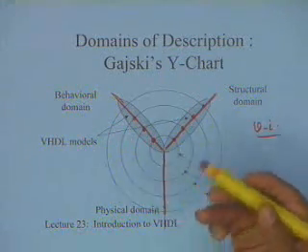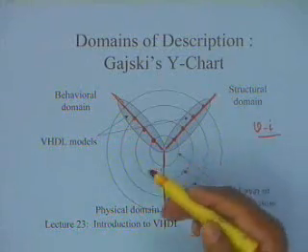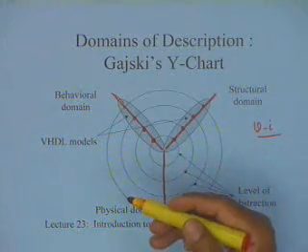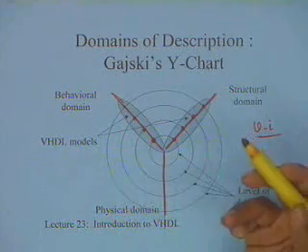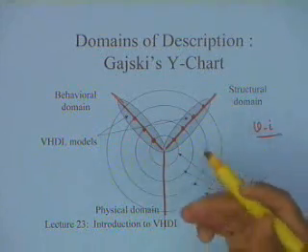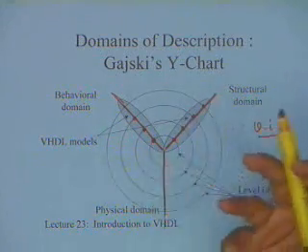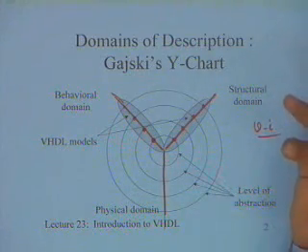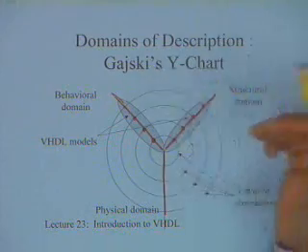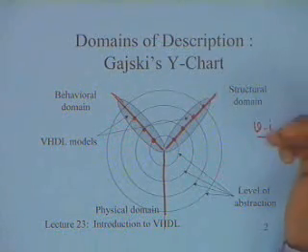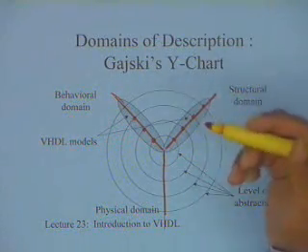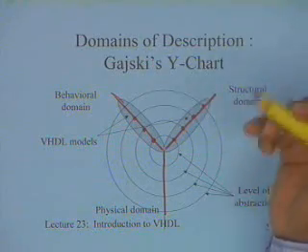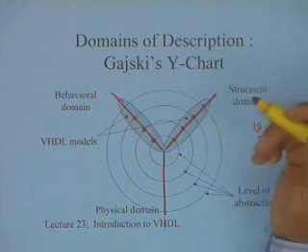For example, when we refer to something like synthesis, it takes a description in the behavior level domain and generates a structural description. Because behavior gives what the functionality is, and the structure essentially consists of what components it consists of, how they are interconnected, and that is the role of a synthesizer. Of course, the synthesis could start from Boolean equations like we did, for example, the K-map or the Quine-McCluskey method.